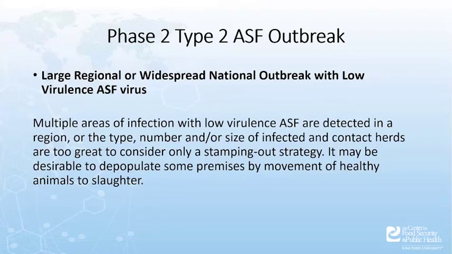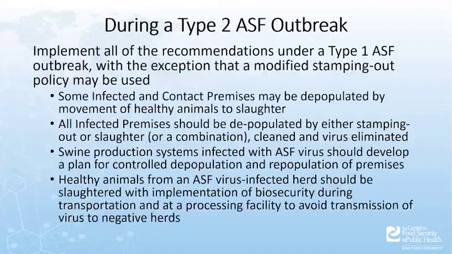So in that case, multiple areas of infection with low virulence ASF are detected in a region where the type, number, and or size of infected and contact herds are too great to consider only a stamping out strategy. It may be desirable to depopulate some premises by movement of healthy animals to slaughter.